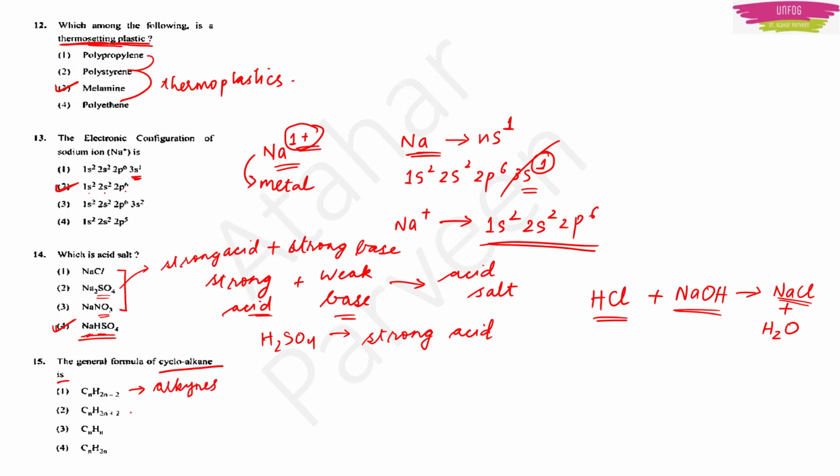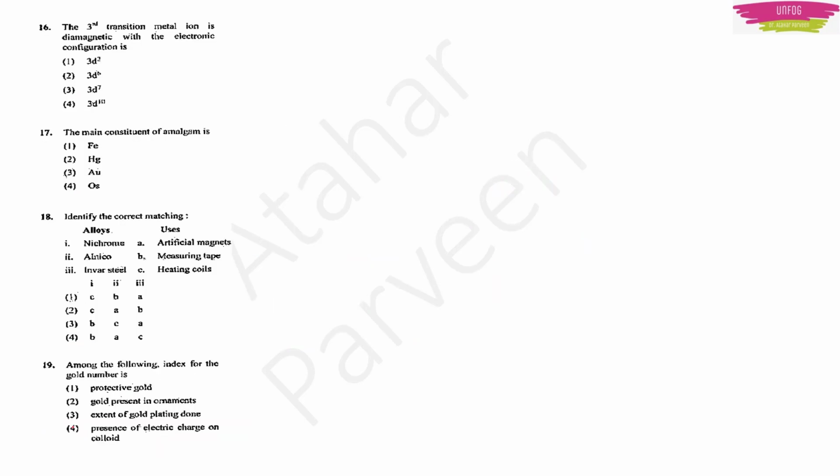CnH2n+2 is the general formula for alkanes. CnH2n is the general formula for alkenes. Now he is asking for the general formula for cycloalkanes, right? So for cycloalkanes, the general formula is CnHn.